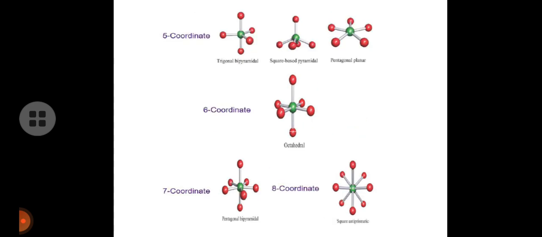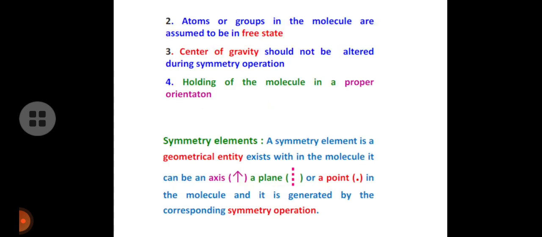Five, coordination number five is trigonal bipyramidal, square based pyramidal, pentagonal planar. Six, coordination number six is octahedral. Seven, pentagonal bipyramidal. Eight, square antiprismatic. These are some structures that depend upon the coordination number.